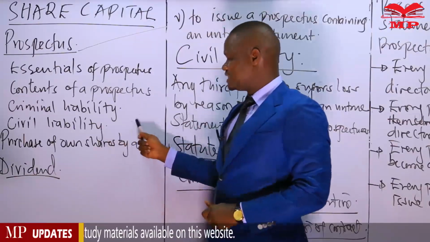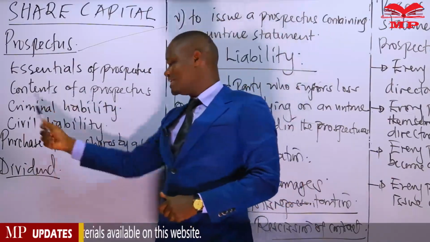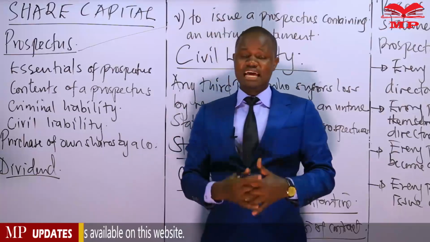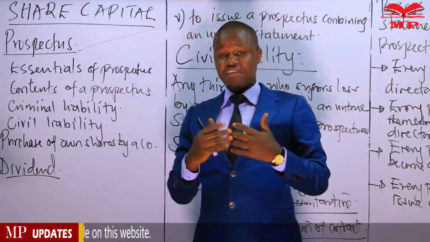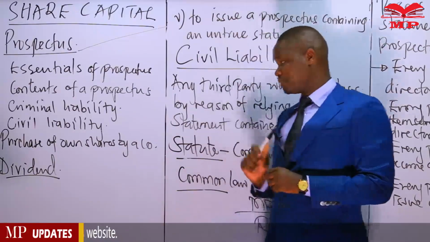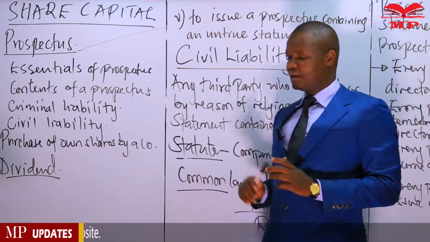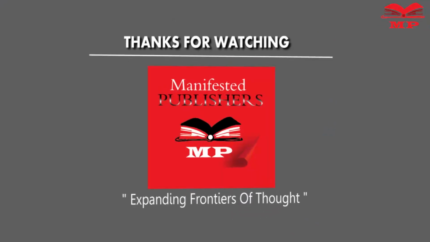Then we have also looked at the liability in respect of prospectuses, criminal and civil liability. This liability is for the purposes of ensuring the requirements of the Act in relation to the preparation and the issuing of the prospectuses have been complied with. Thank you very much.